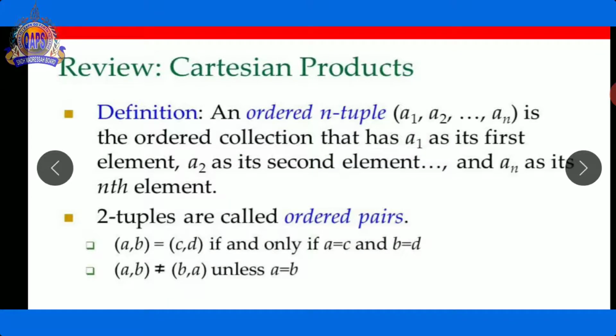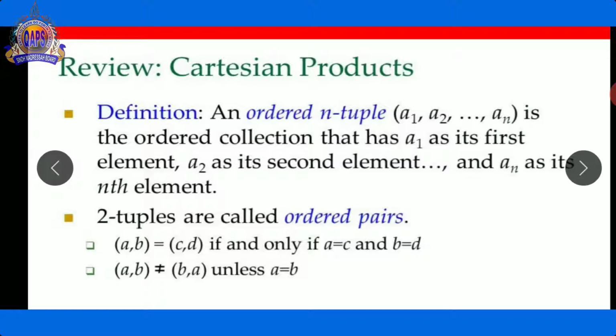But if it says an ordered 4-tuple, there must be only 4 digits in this bracket. So for an ordered n-tuple, the numbers are from 1 to n: a1, a2, up to and ending with an.